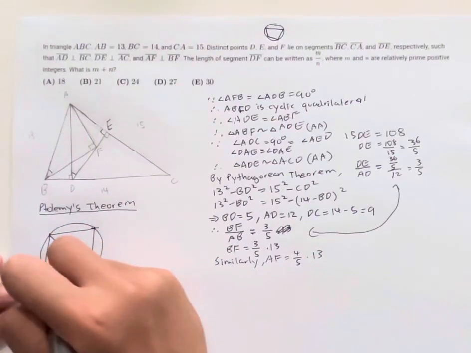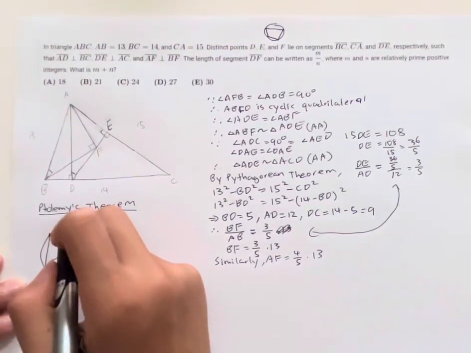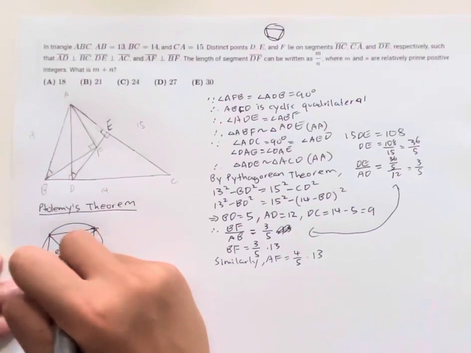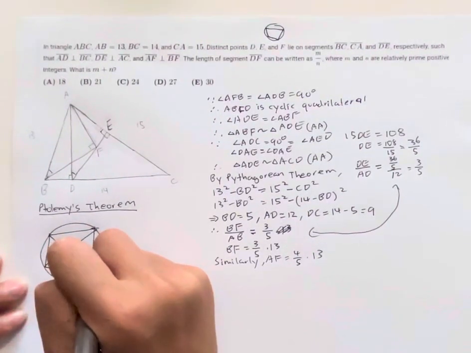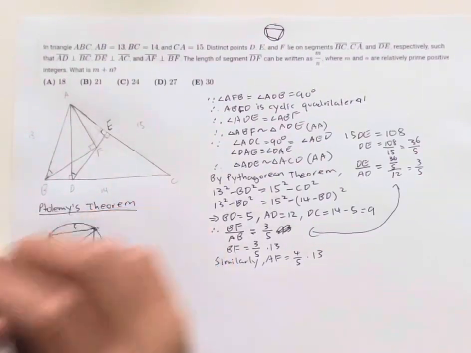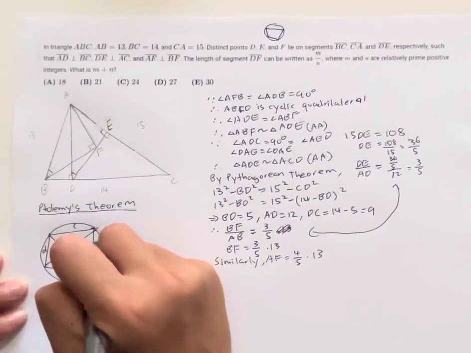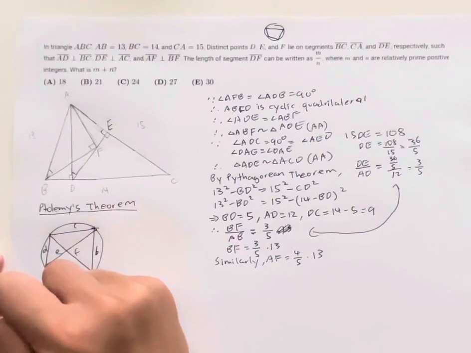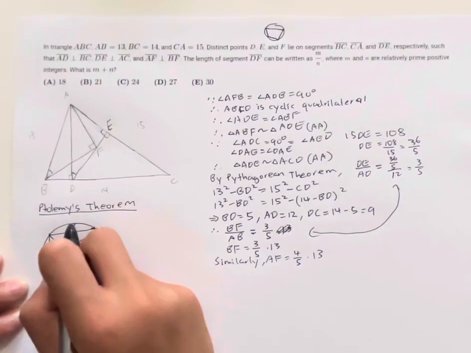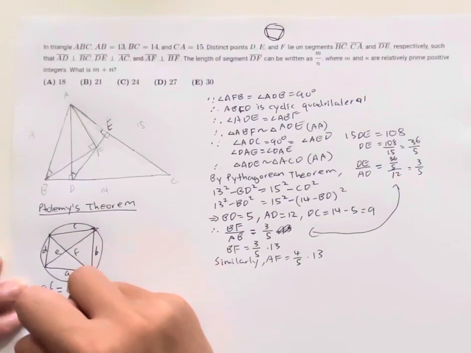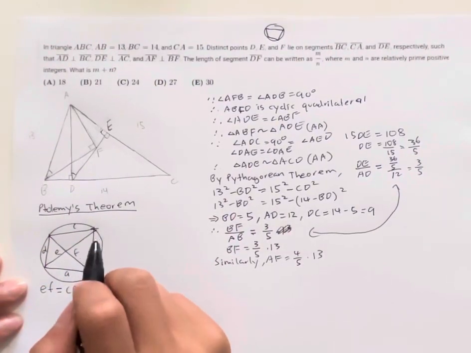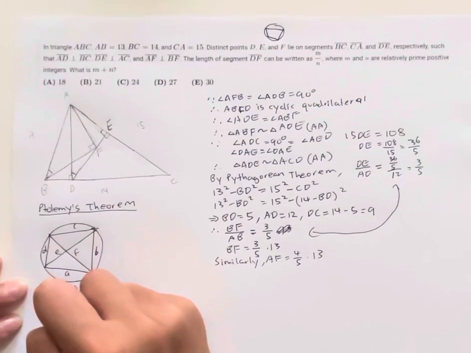And then we connect the diagonals. So let the diagonal lengths be E and F, and then let the sides be A, B, C, and D. Ptolemy's theorem states that the product of the diagonals, EF, equals the sum of the products of the opposite pairs of sides, so CA plus BD.